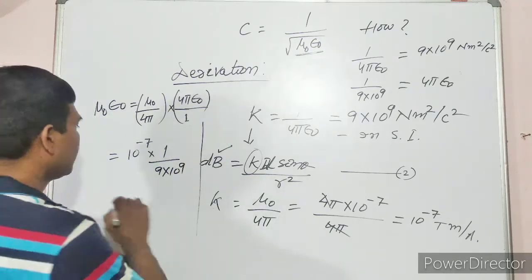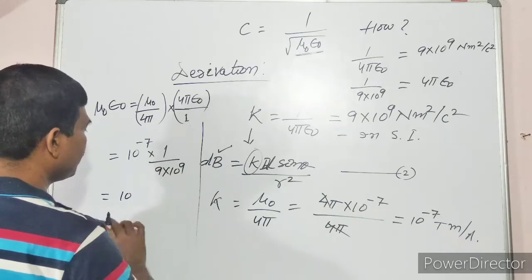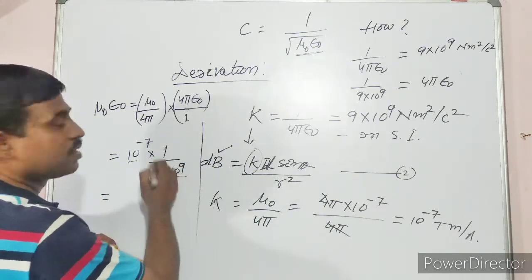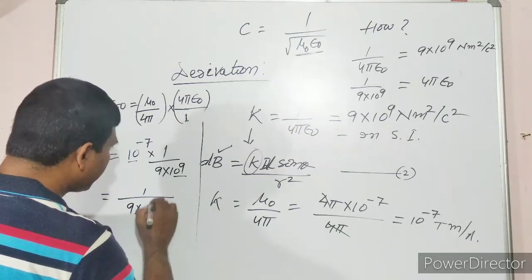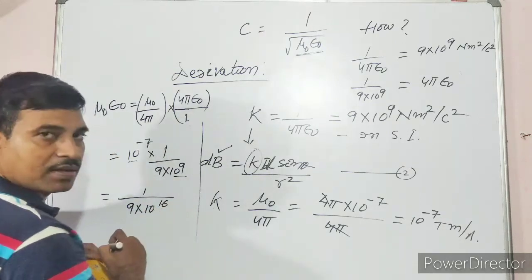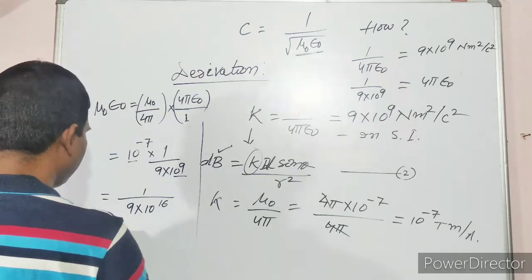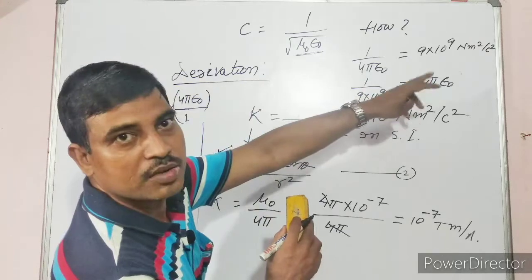Then 10 to the power minus 7, with the same base, so 1 by 9 into 10 to the power 9. If you bring this, it becomes 10 to the power 16. So how much will you get? You can write the units also.